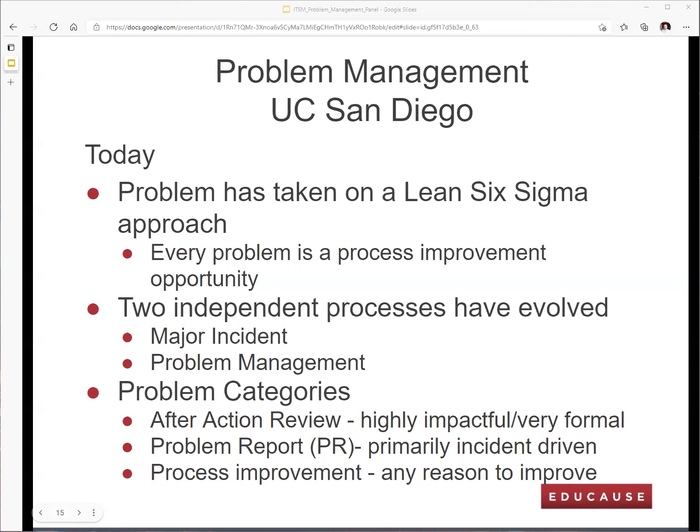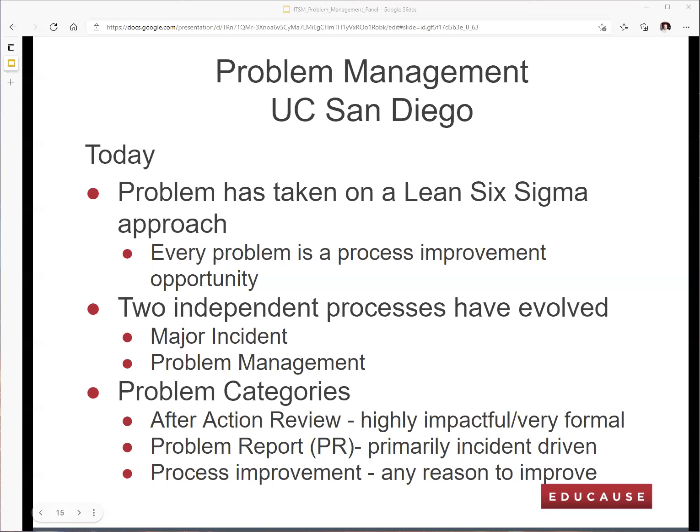And then there's the third, a process improvement ticket. These are generated for any reason whatsoever. If somebody has a good idea and wants to vet it and engage people, then you make it a problem.